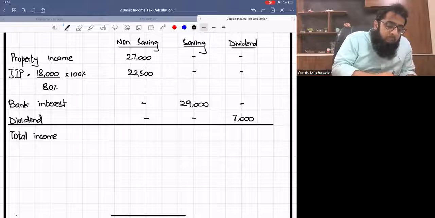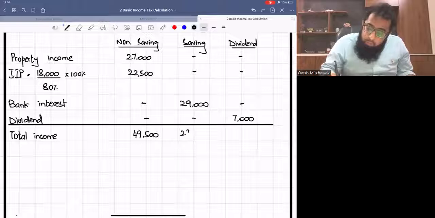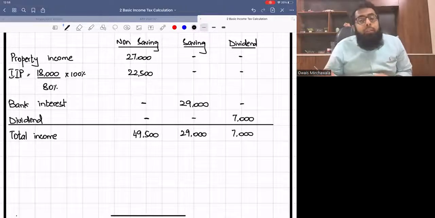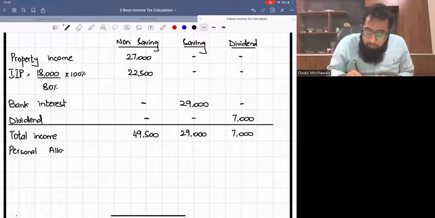27,000 plus 22,500, 49,500, 29,000, and dividend is 7,000. Personal allowance 12570.